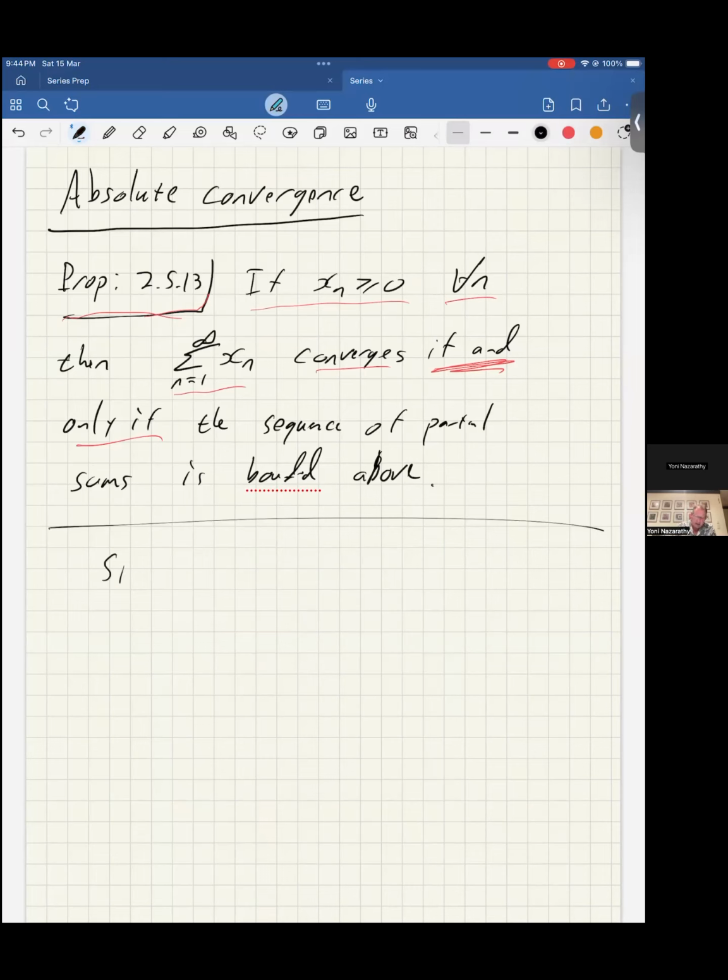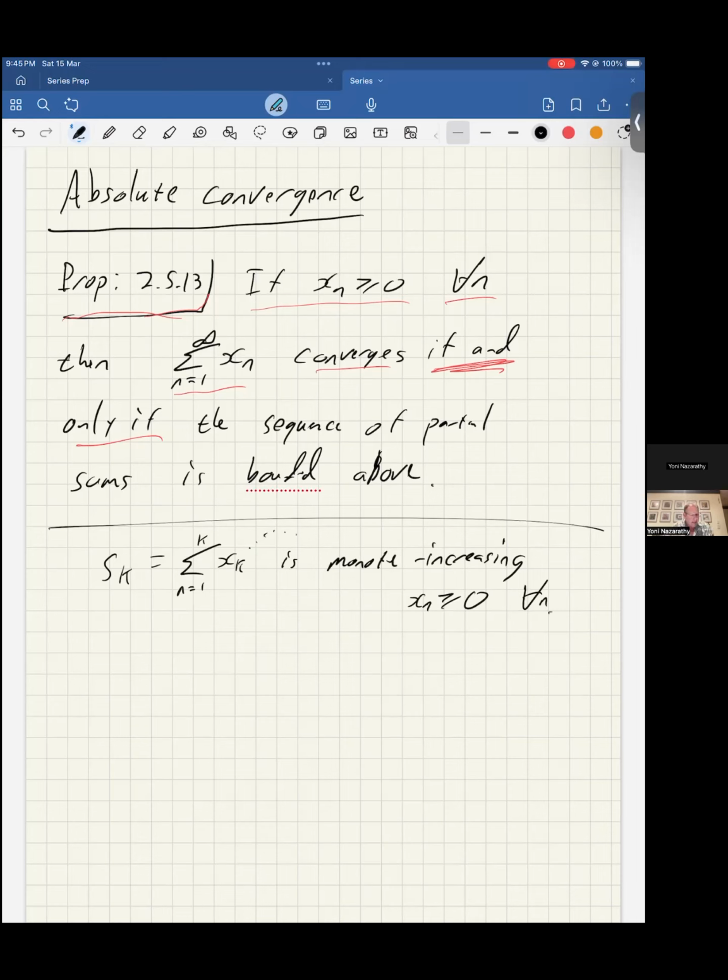The partial sum, the sum from n = 1 to k of xn, is monotone increasing if xn is greater than or equal to 0 for all n, because you're only adding more terms.